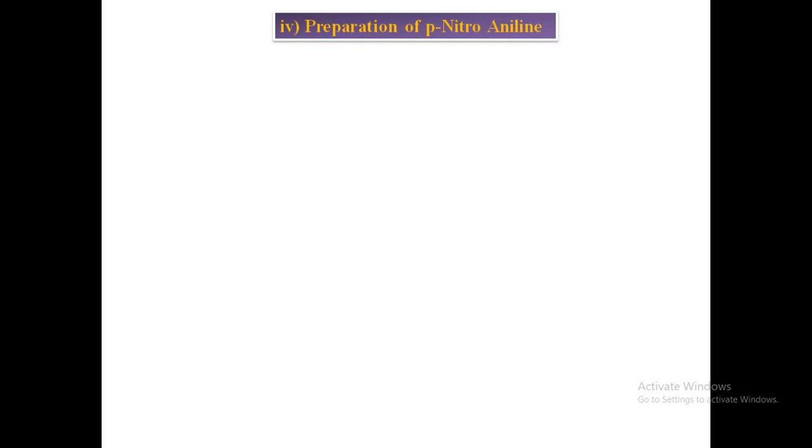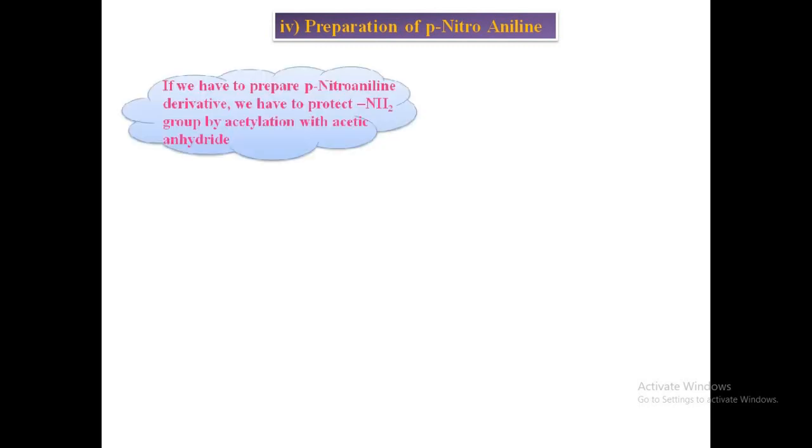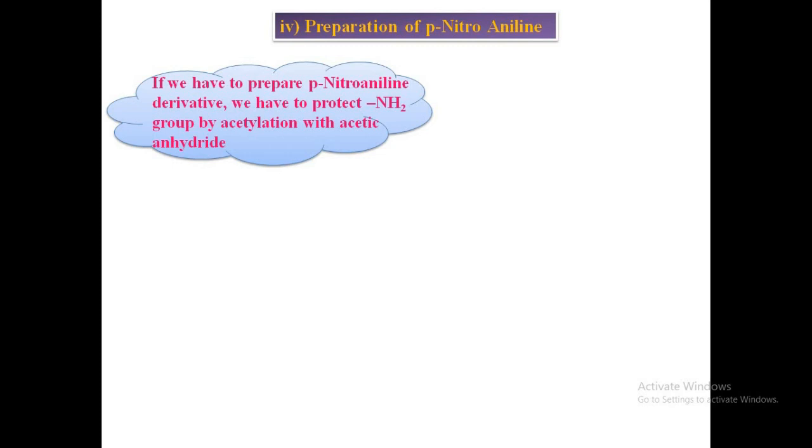Now let us consider the preparation of para-nitroaniline. If we have to prepare the para-nitroaniline derivative, we have to protect the amine group, that is the NH2 group, by acetylation with acetic anhydride. Let us consider the reaction when the aniline molecule is treated with acetic anhydride in the presence of a base such as pyridine.